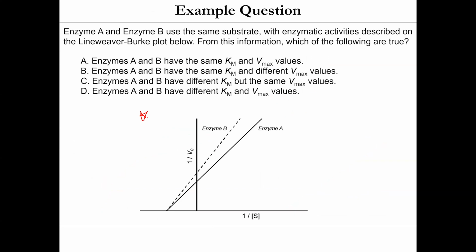Enzyme A and B have the same Km and Vmax values. Do they have different Km and Vmax values? Do they have the same Km and different Vmax values, or different Km but the same Vmax values? We should be able to determine this from this Lineweaver-Burke plot below. So we know the slope of the line is Km over Vmax.